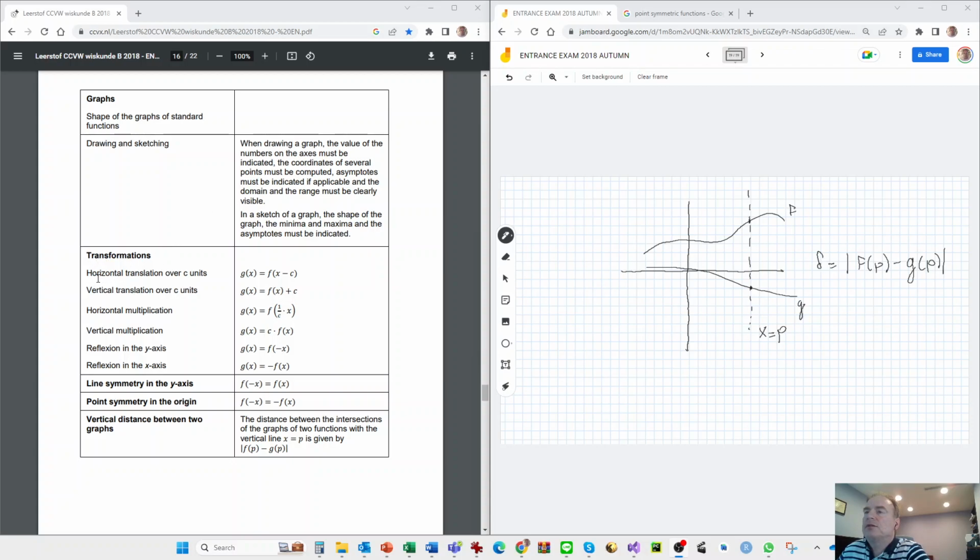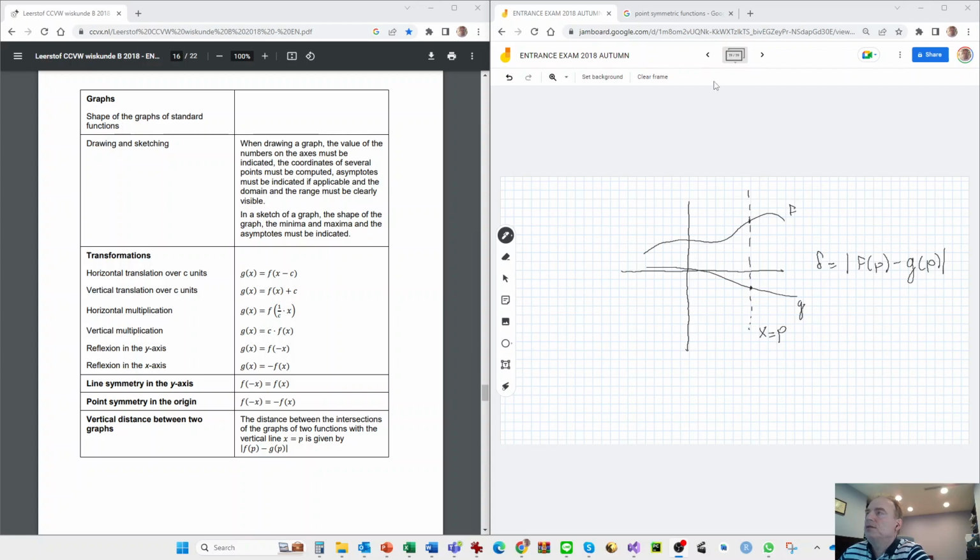Then about transformations, you need to know about horizontal translations, vertical translations, multiplication, vertical and horizontal, and reflection in the y-axis, which is basically flipping x, and reflection in the x-axis, which is flipping the sign of y.